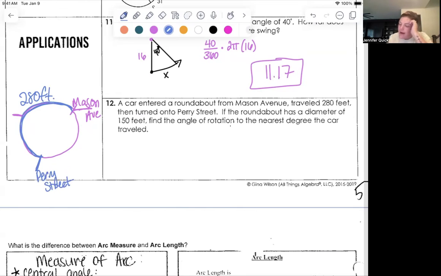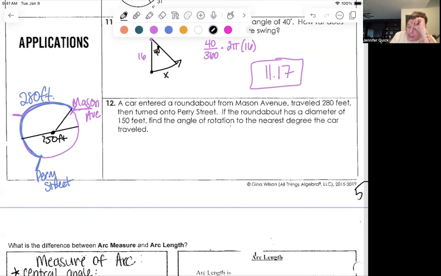If the roundabout has a diameter of 150 feet, find the angle of rotation from Mason Ave to Perry Street.